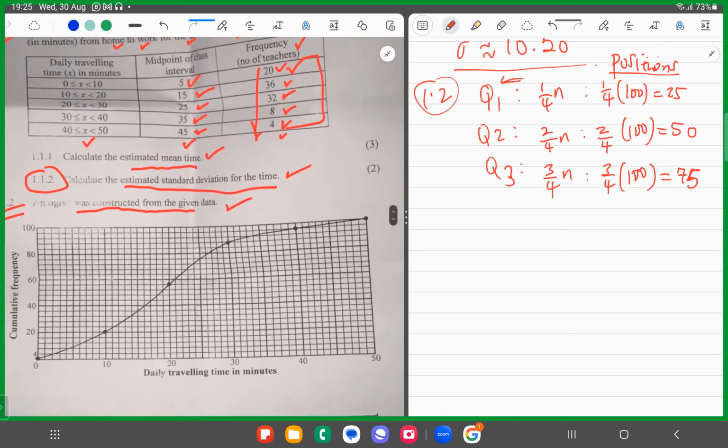Here, this one is the cumulative frequency block. So in the cumulative frequency block, where do you have 25 as the position? So you have 20 here. And then, all right, so you have 1, 2, 3, 4, 5. So this is like steps of 4.